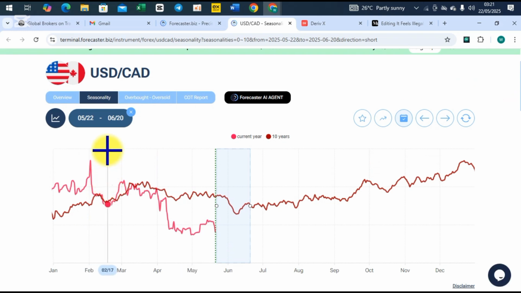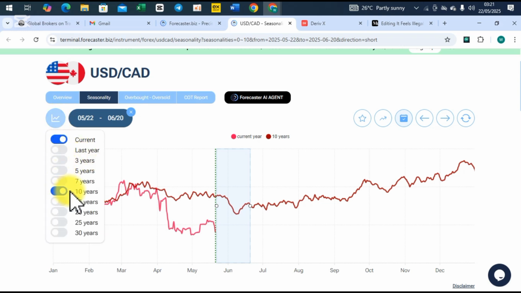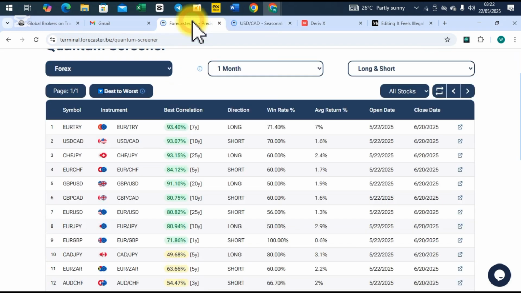Now let me show you something. We are going to look at different seasons and how you discover those seasons. You can tap on this graph icon here at the top left corner. So you click there, you can see we were shown that USD CAD is correlating with 10 years ago here in bracket, 10Y, 10 years ago, 93%.